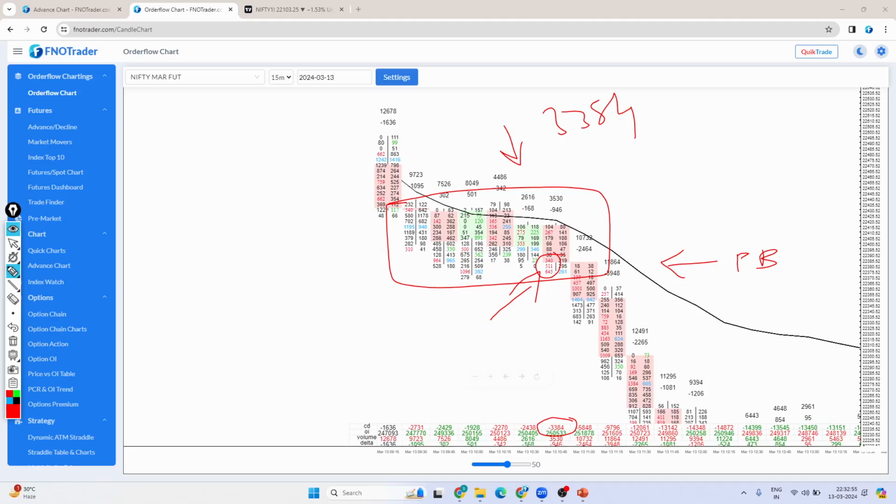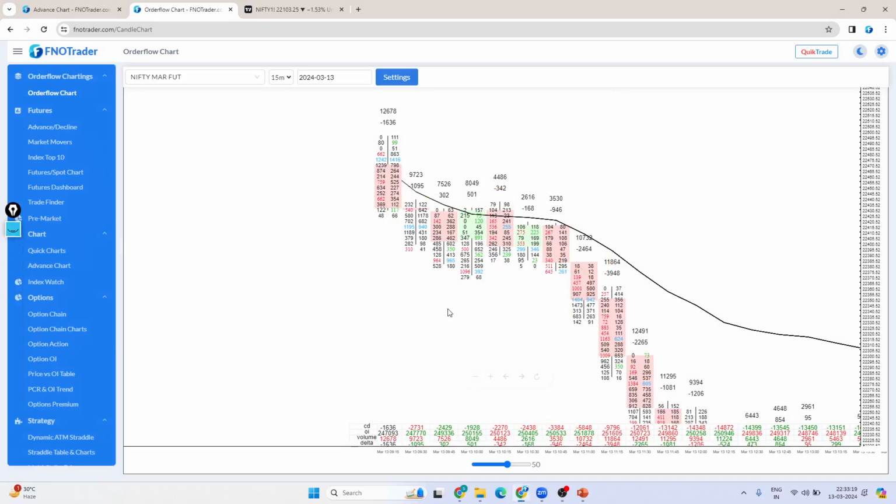Okay, you saw that again they pushed like with 1,000 lot order, with 1,500 lot order. Look at this imbalance here, 1,000 lots, then there is 1,500 lots, 1,500 lots again. Okay, there is lot of selling that has happened, and then look at what has price happened after this.